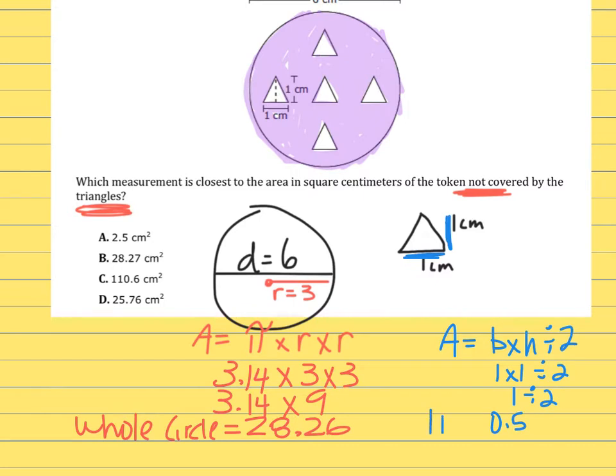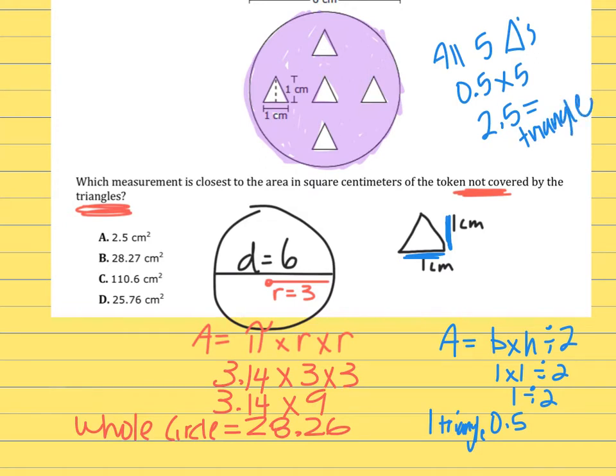Okay, that's only one triangle. And they have 5 triangles. So all of my triangles, all 5 triangles, 0.5 times 5 is 2.5. Okay, this is the amount for the triangle.